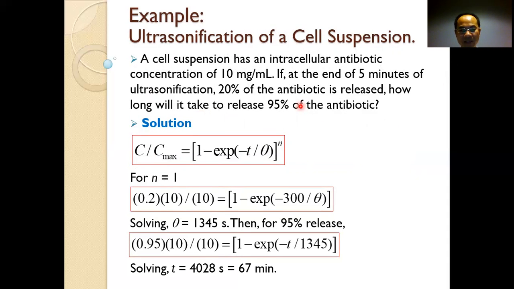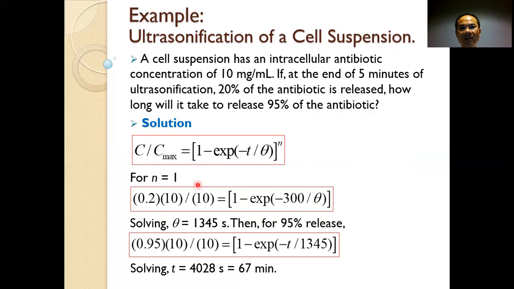We assume it's only one pass for that case. 0.2 multiplied by 10 is C, the amount of antibiotic released, 20%. 10 is the maximum. Theta is constant for all the experiments, for all the percent release. We can solve for theta, and we get theta equal to 1,345 seconds.